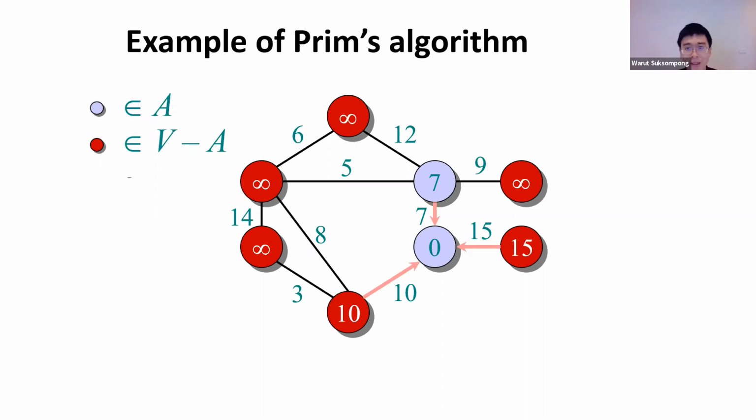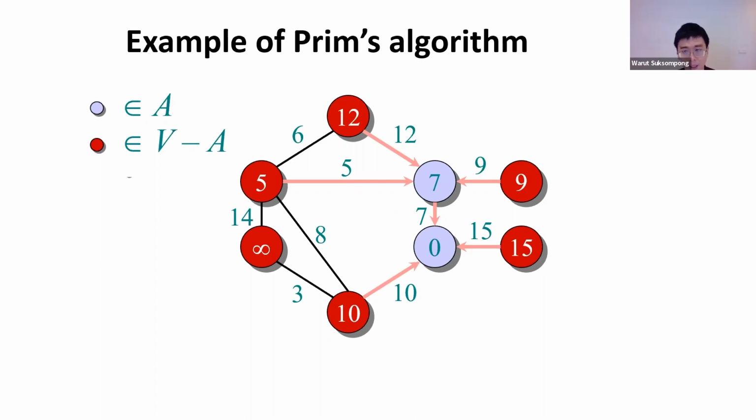Now we have to update. The tree now has 2 nodes, so we update for the other vertices outside the tree: what's the minimum weight connection into the tree? We're going to have more connections. These 3 vertices have edges of weight 5, 12, and 9 into the tree.